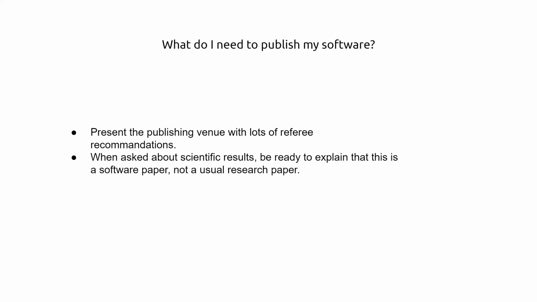And the referees are going to be confused, because it's not very common that you would get a referee request for a software paper. So they might ask, okay, you've shown the software, now where is the science? And then you have to be ready to explain that no, this is a software paper.